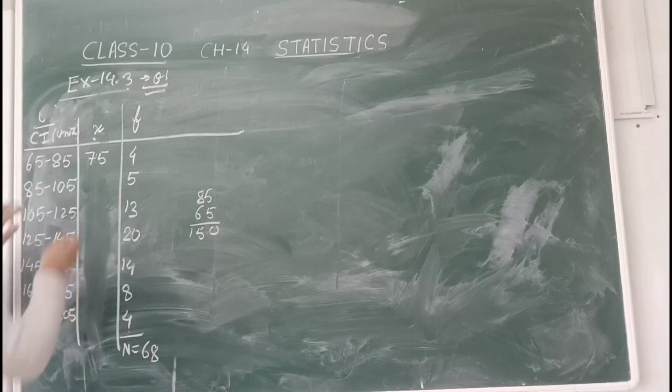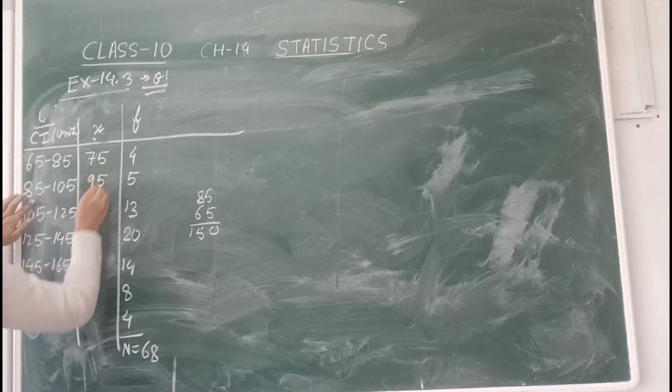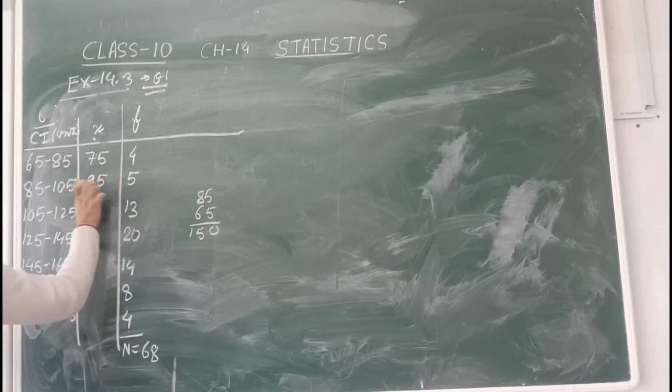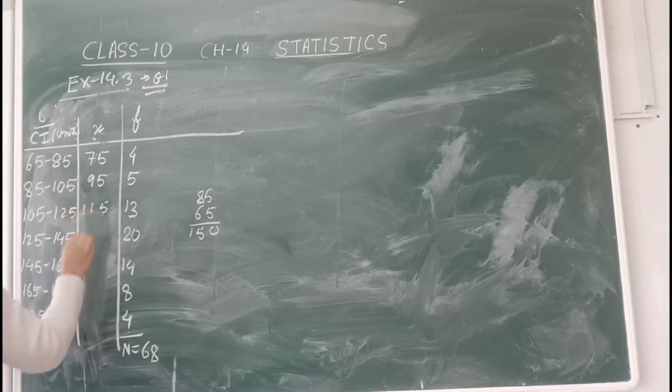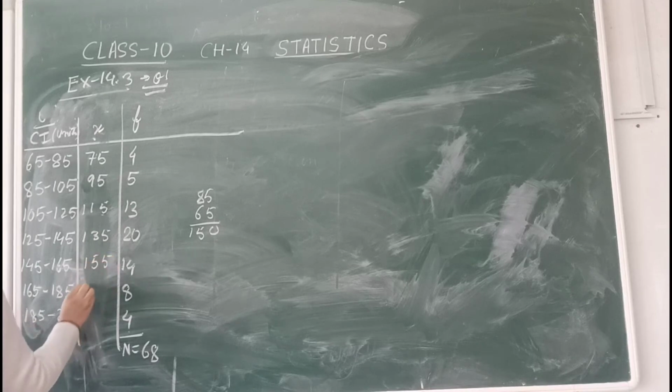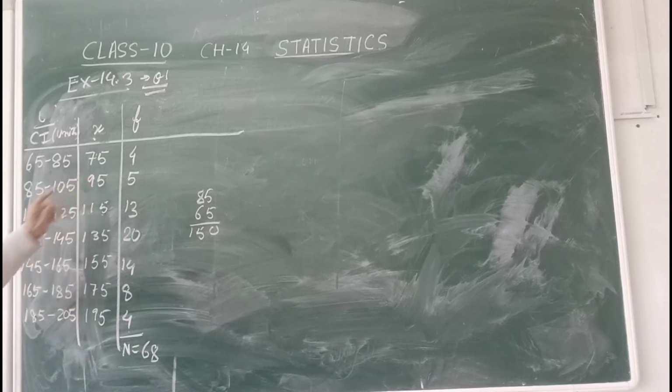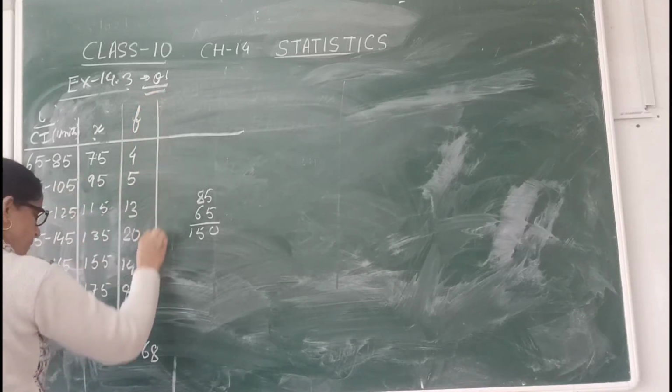So let us go on adding 20. 95, 115, 135, 155, 175 and 195. Okay, so the x column we have made.